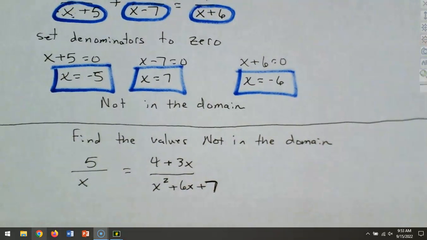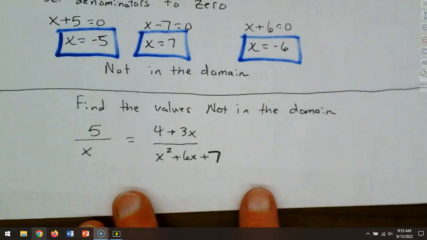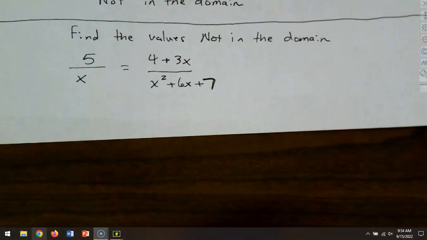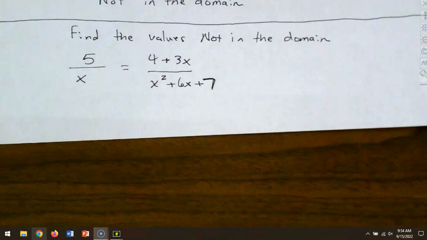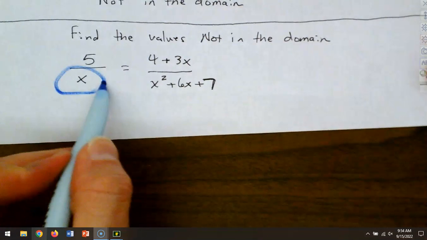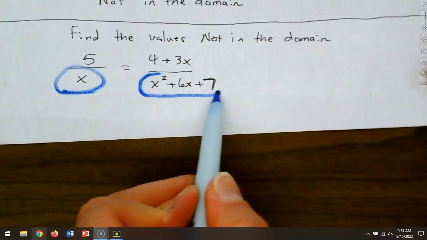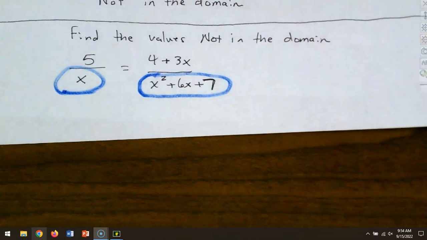So I want you to look and see what numbers are not in the domain. And there's going to be 3 of them in this case. So we look at our denominators, and we need to set each denominator to 0. Here's the denominator, here's another one. We're going to set each one to 0 and solve them. You may have to factor.